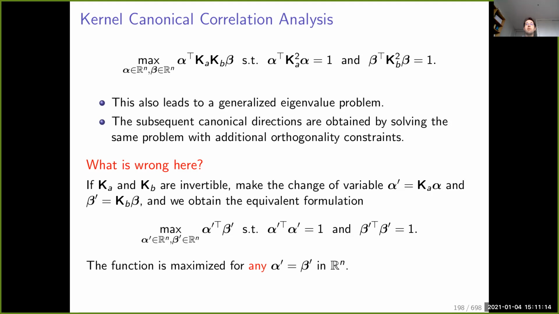Meaning if I take a direction alpha prime in the first view, which has nothing to do with the data, I can find a direction in the other view, which maximizes the correlation. So this is really, really bad. So why do we have this, and how do we fix this problem?